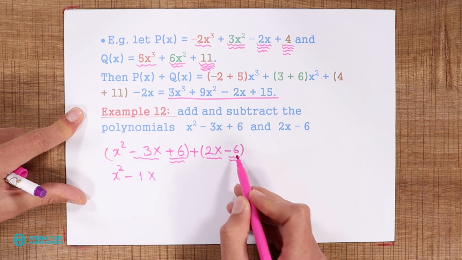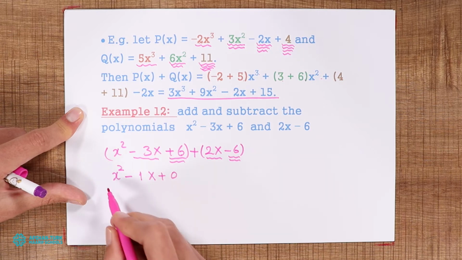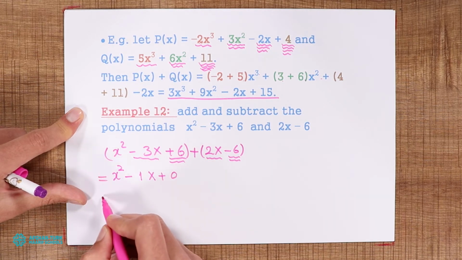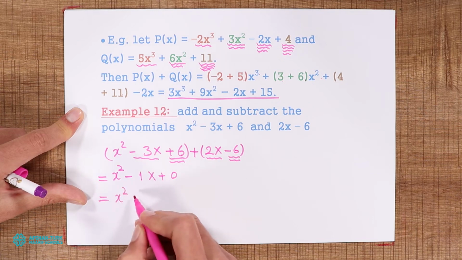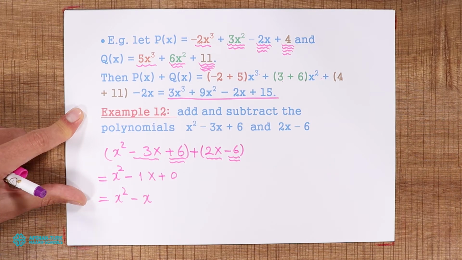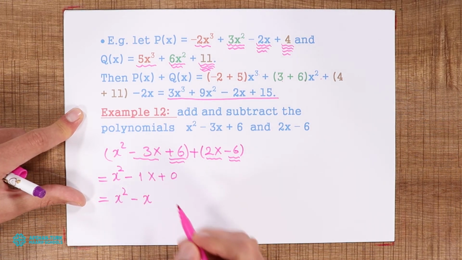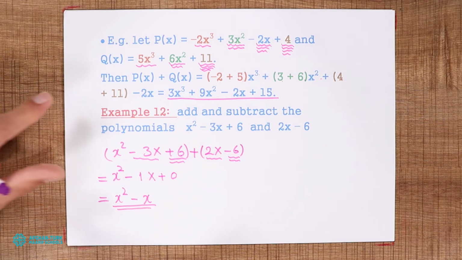Plus 6 and minus 6 will be what? Will be 0. So the answer for the addition of this polynomial will be x squared minus 1x, which is x, plus 0. We must not write 0 here. So the answer will be x squared minus x.